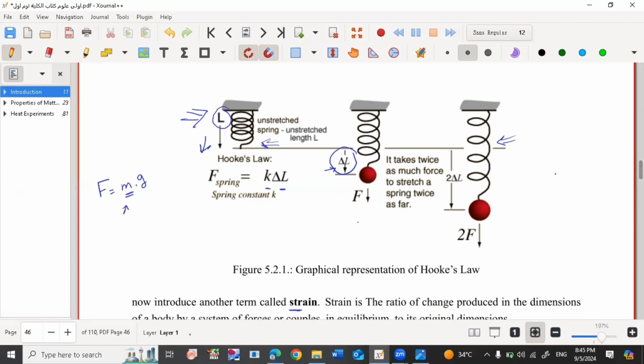Maybe each weight will be 10 grams or 20 grams, and it will be small weights. So we are going to affect this spring by an external force, and this force is represented by different weights, and we are going to convert this m to F by multiplying by g. And in this case, we are going to use small weights, and g is 980 centimeter per second square.